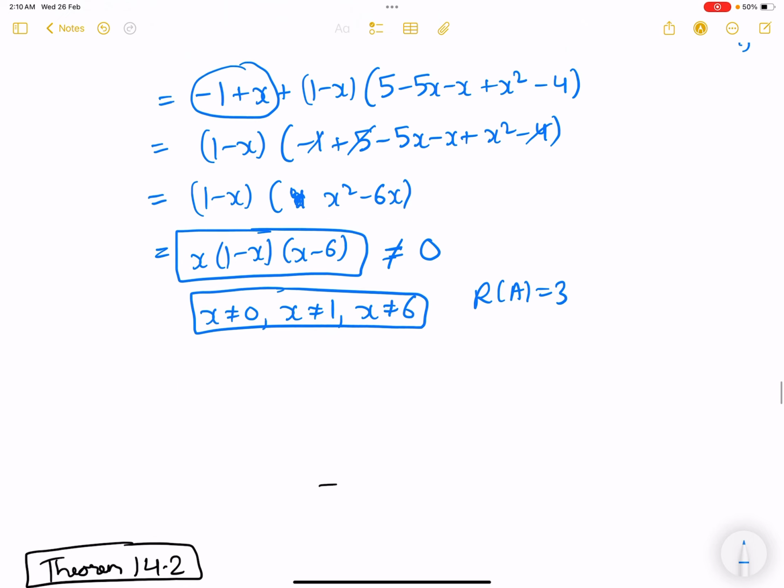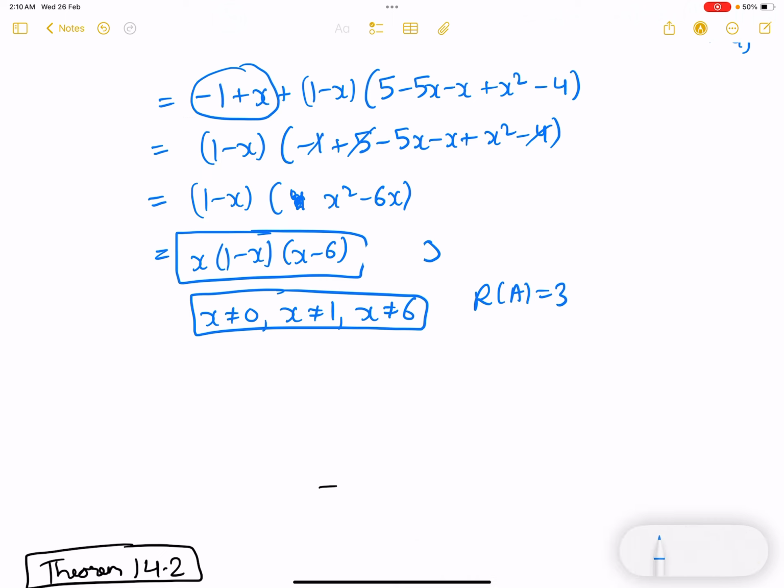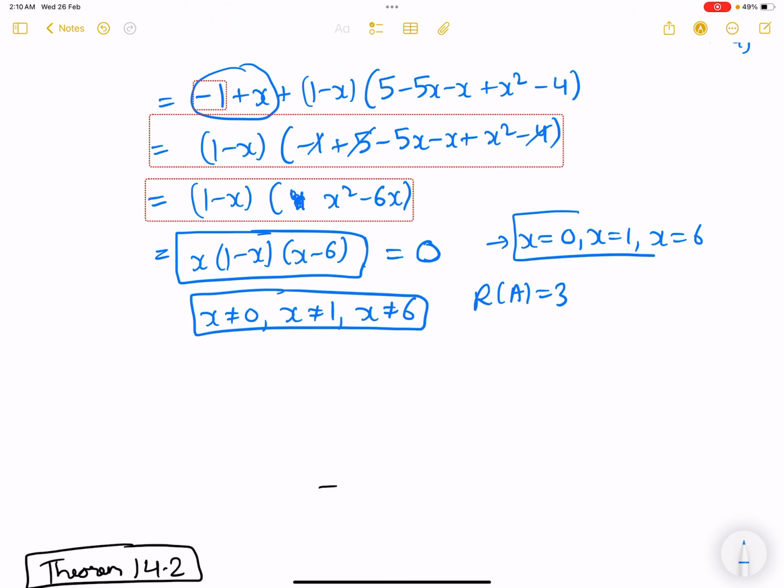But on the other hand, if this equals 0, and this is possible when x equals 0, x equals 1, or x equals 6, then we will check the minor of order 2.